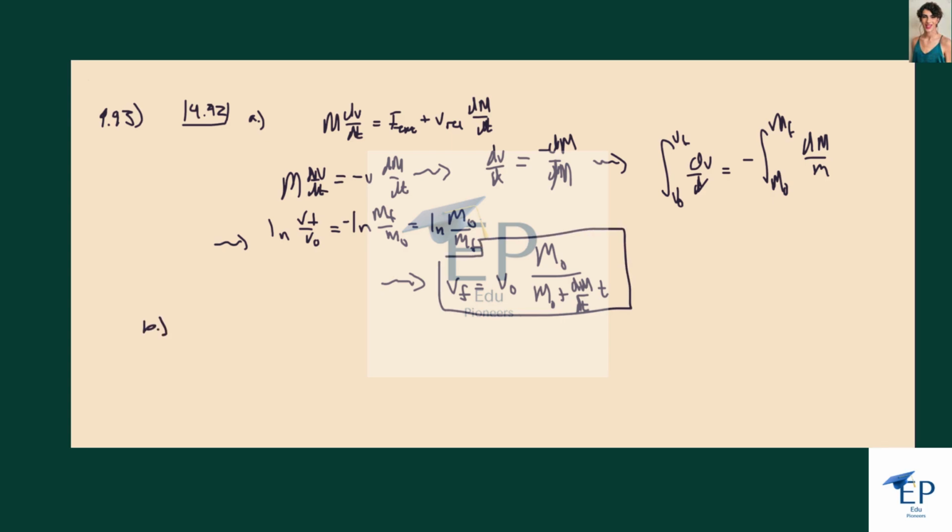Okay, part B now says, what is the speed of the car after 60 minutes, and does this agree with the simpler calculation? So now v at time equals 60 minutes.